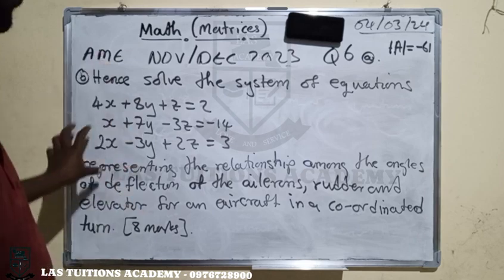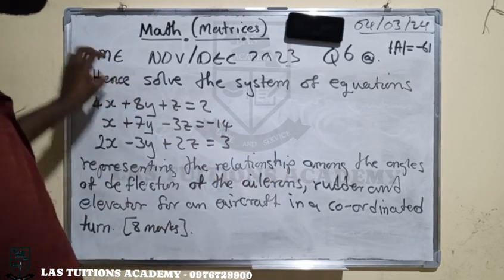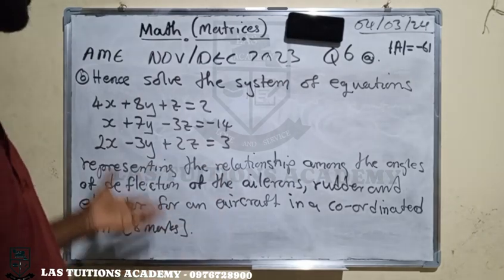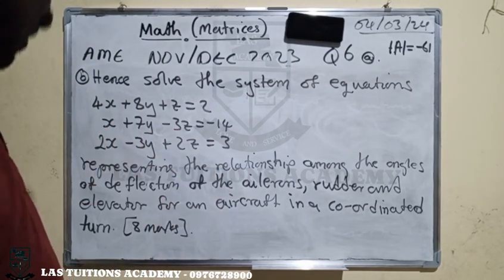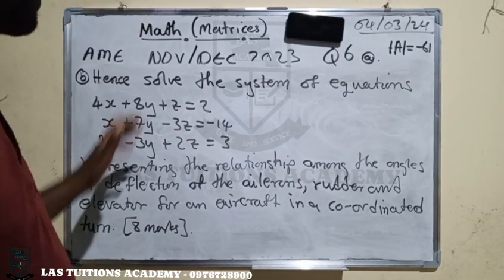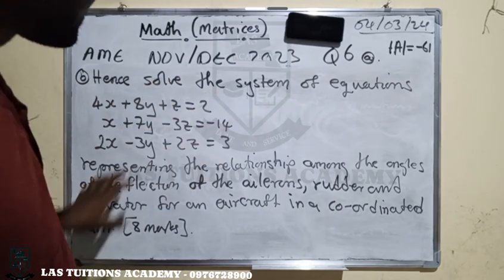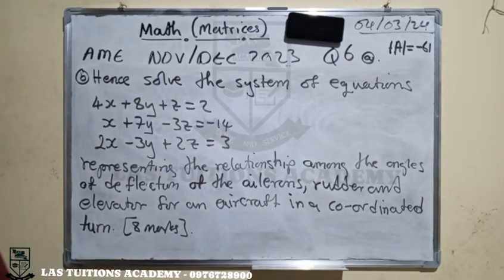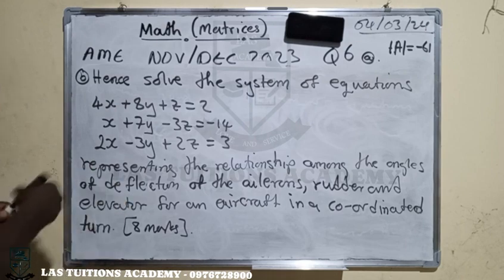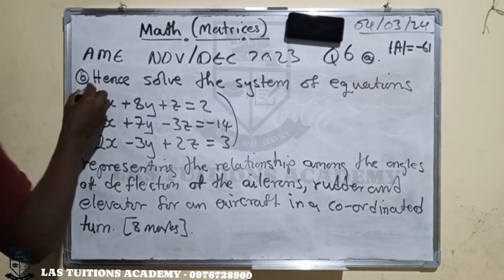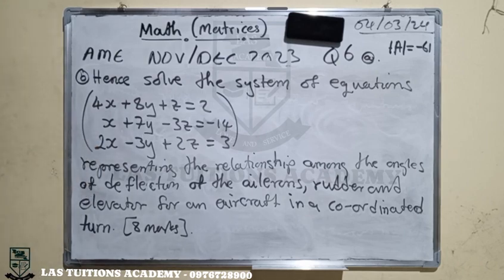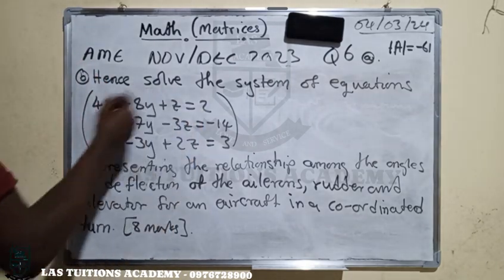So all this language here is trying to say, okay, the ones that are doing this paper are AME students and they understand the ailerons, they understand the elevator and everything. So these equations are actually talking about this. Otherwise, this is mathematics, and the mathematical part is how to solve this system of equations at the end of the day. So now you have to rewrite these systems of equations.